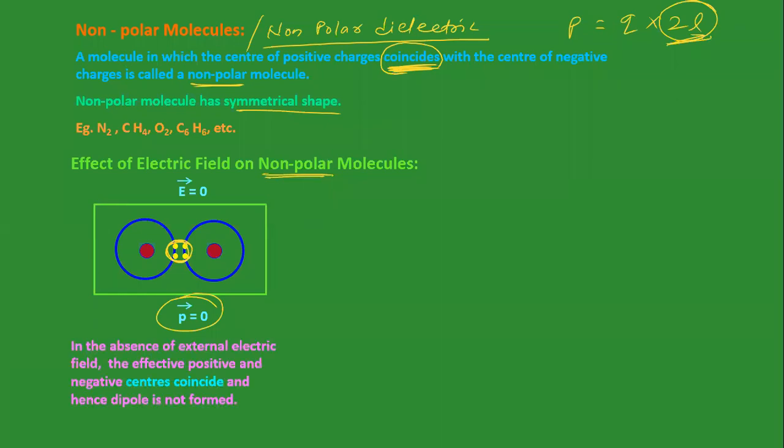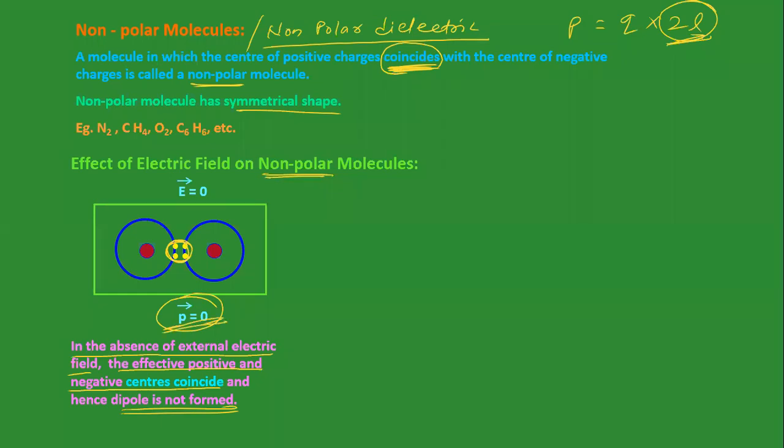You can see, in absence of external electric field, the effective positive and negative centers coincide. Hence dipole is not formed, which means no dipole moment.